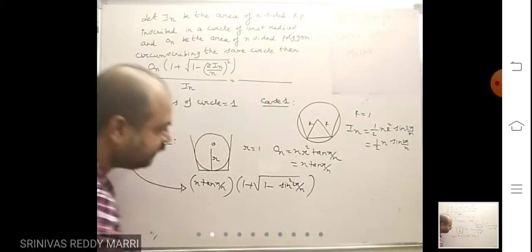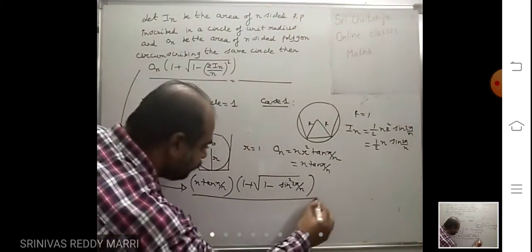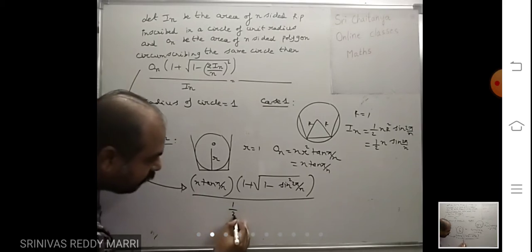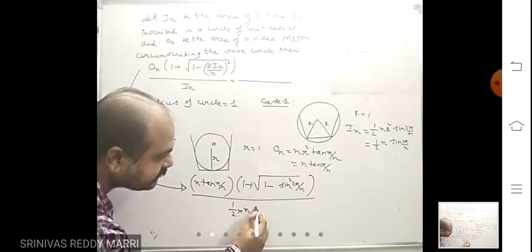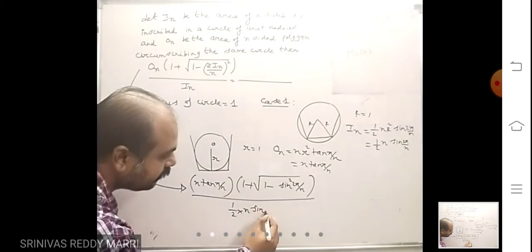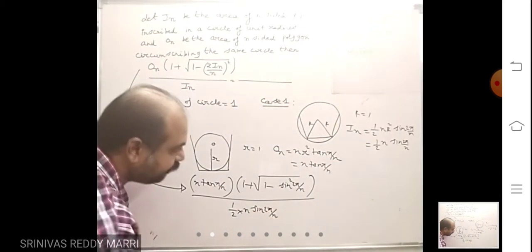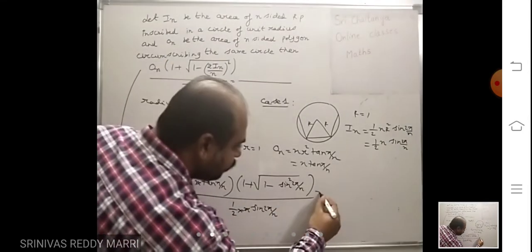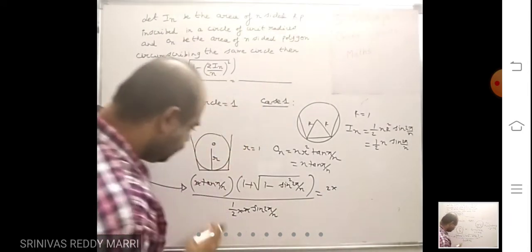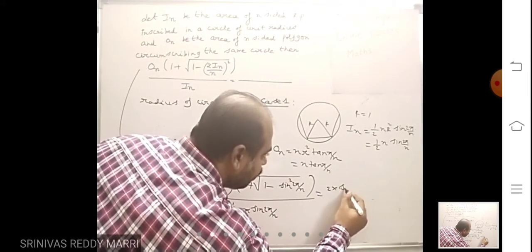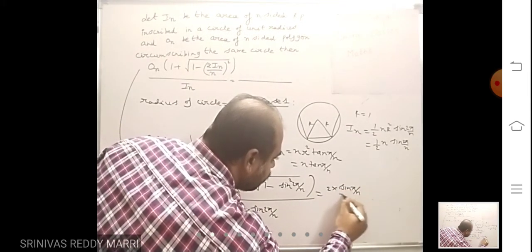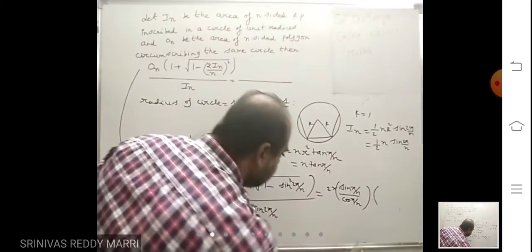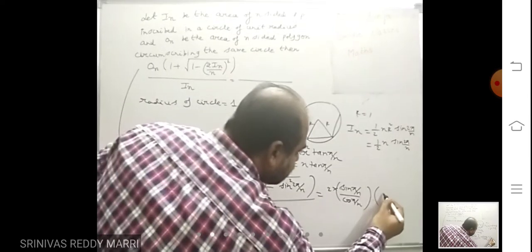That means sine square 2 pi by n, divided by IN, which is 1 by 2 into n sine 2 pi by n. Now n cancels, 2 will come up. So 2 into sine pi by n divided by cos pi by n, into 1 plus cos 2 pi by n.